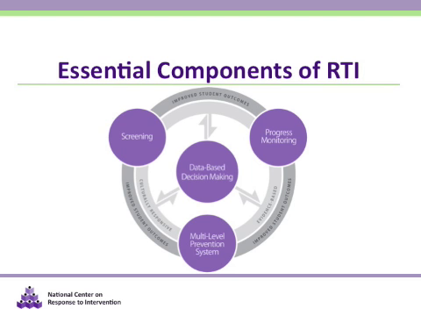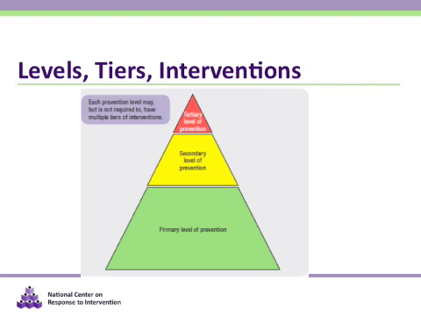I'm going to talk about the multi-level prevention system in more detail now. The graphic on the screen now depicts the progression of support across the multi-level prevention system. Although the field frequently refers to these levels as tiers, we intentionally avoid the use of this term when describing the RTI framework. We instead use the term levels to refer to the three prevention foci: primary level, secondary level, and tertiary level.